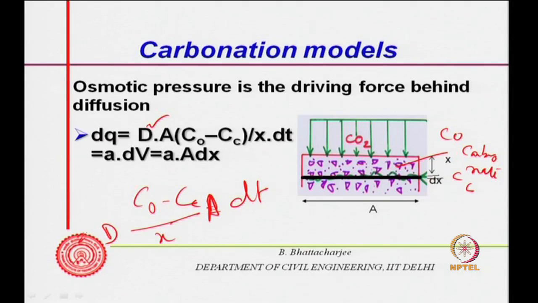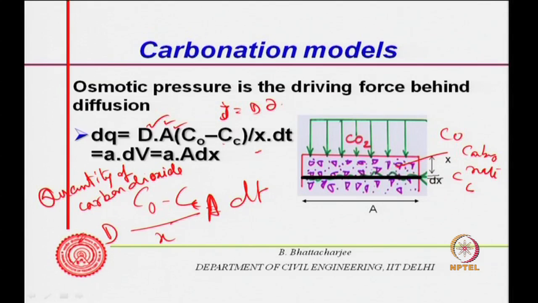So, dq stands for the quantity of carbon dioxide coming in, D A (C0 minus C) divided by x, multiplied by dt. So, that is the quantity. I should have used J for flux, J equals D del C del x, somebody could have written it like this, J is the flux. This is the quantity I am talking of.